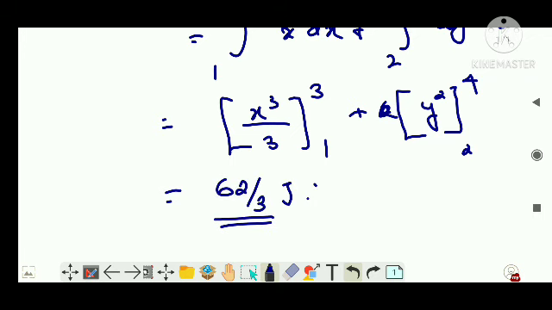Clear? It's not that tough, just do the calculation. x cube means this becomes 27, right? 27 by 3 minus 1 by 3, that is 27 minus 1 by 3, right? So it will be around 26 by 3 plus 12, that is 4 squared minus 2 squared. Clear? That's not tough. I hope this much is clear, guys.